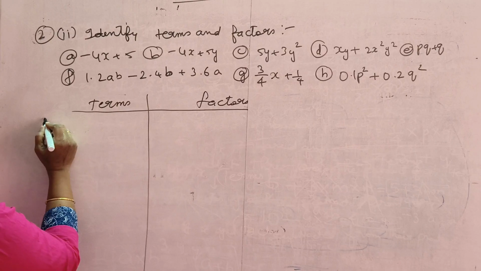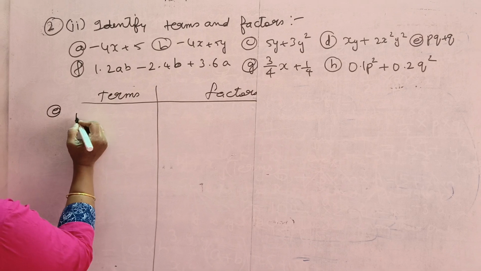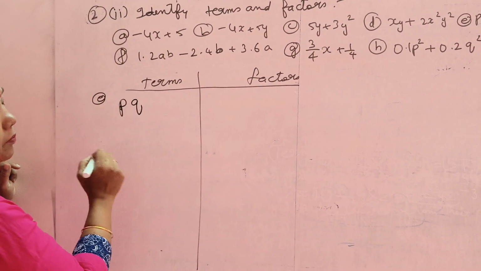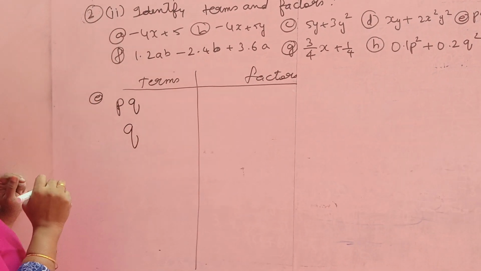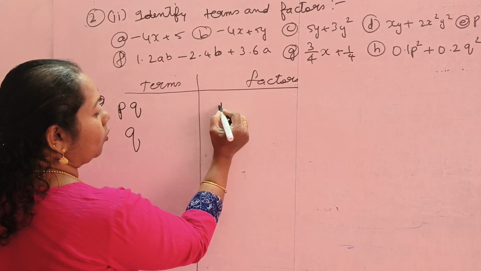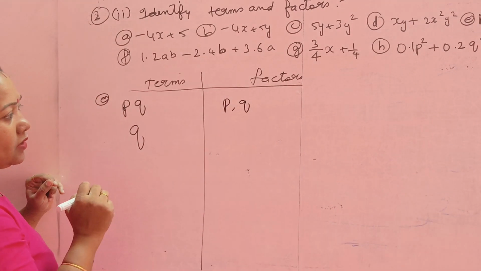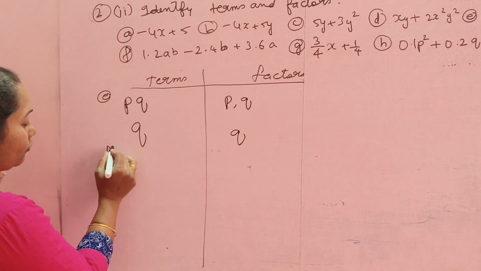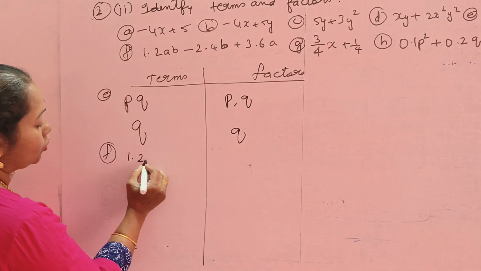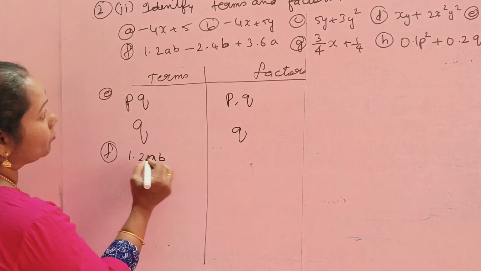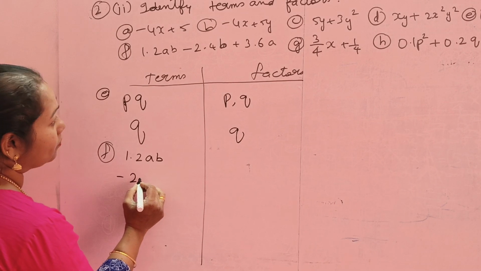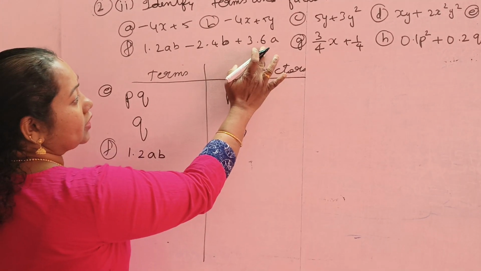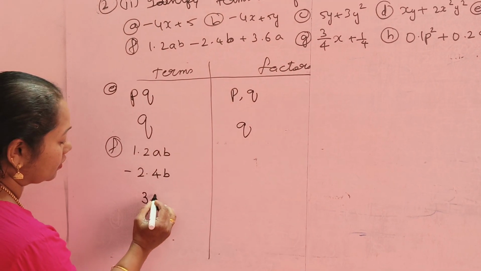Okay. Now next question is pq plus q. So pq is one of the terms, q is the second term. In pq, p comma q are the factors, and in q, q is the factor. And in F question, 1.2ab is the first term. Second term is minus 2.4b, and the third term is 3.6a.